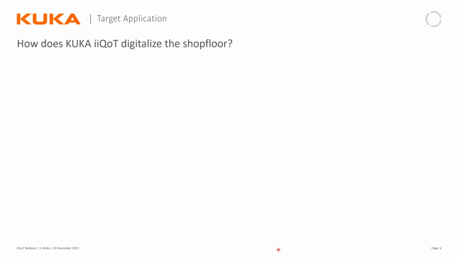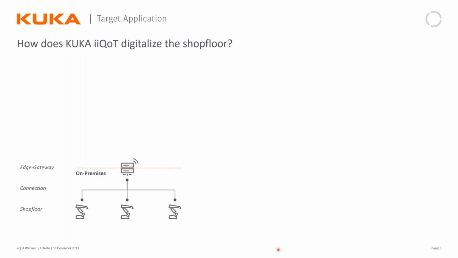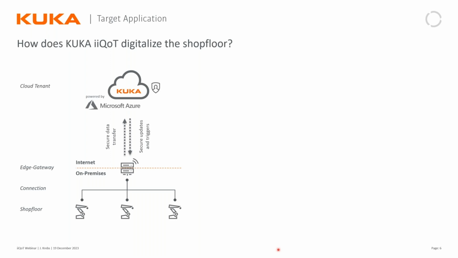How does KUKA digitalize the shop floor? Well, we have the robots on the shop floor where they do their work, the purpose they're bought and installed for, and they all work on premise. We need to have a physical connection and combine it with an edge gateway. That edge gateway creates the bridge into the internet. Why? Because the data needs to be transferred to a specific cloud tenant.